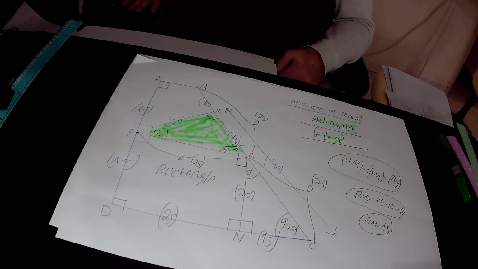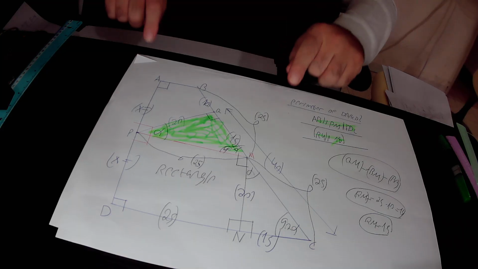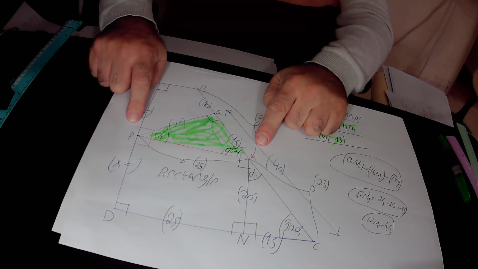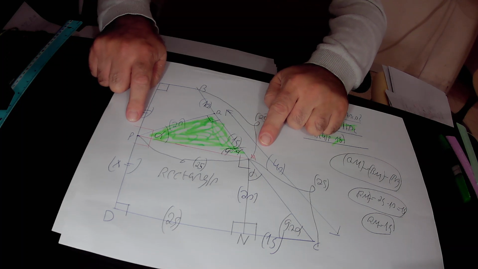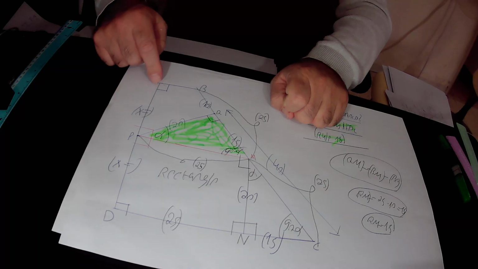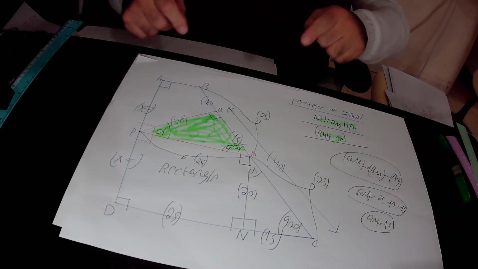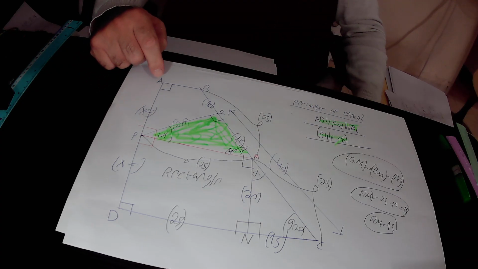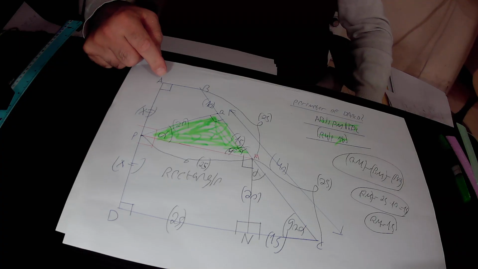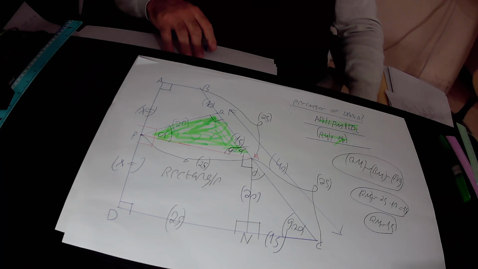Actually, the trapezoid mid-segment theorem is about the length of this line segment PM. According to the trapezoid mid-segment theorem, the length of PM equals AB plus DC over 2. So the length of PM is the sum of the two parallel bases of trapezoid ABCD divided by 2, that is AB plus DC over 2. So I write it down.